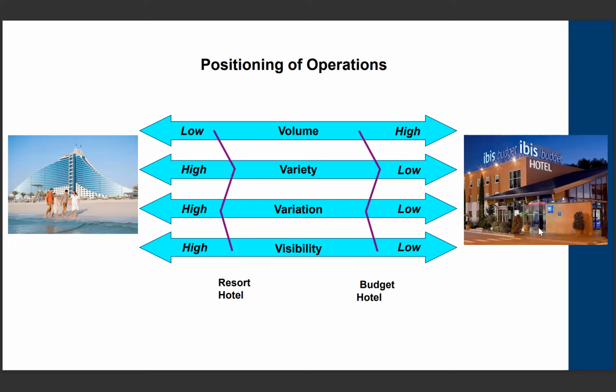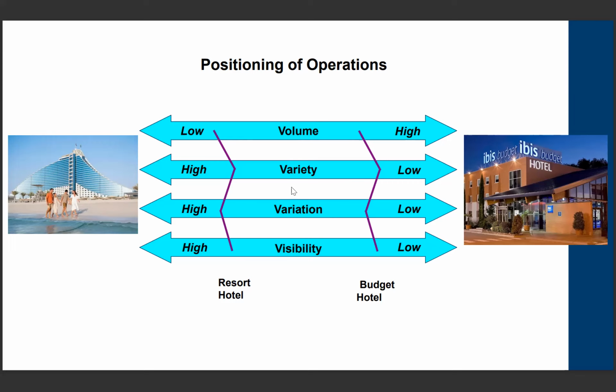We can't do it as a budget hotel, because in one we are attracting a different set of customers than in the other. So we need to focus on how the variety, the variation, the visibility, and the volume would be. For example, take variety. For a budget hotel, the variety is low. It's probably just a room where you can sleep and rest.